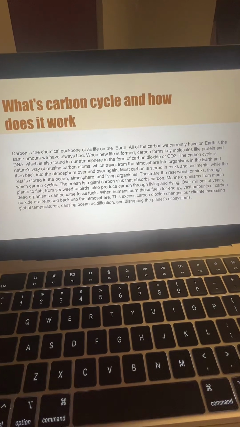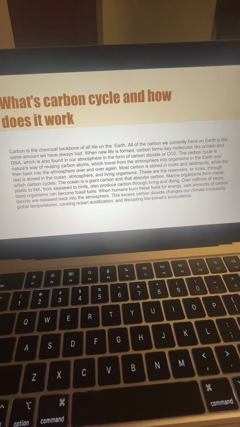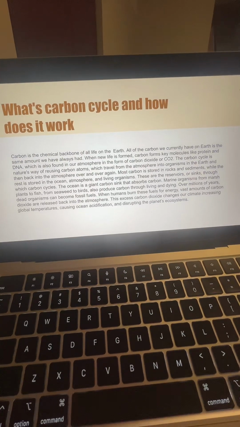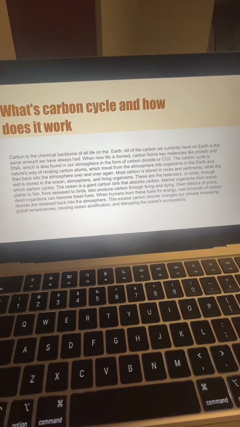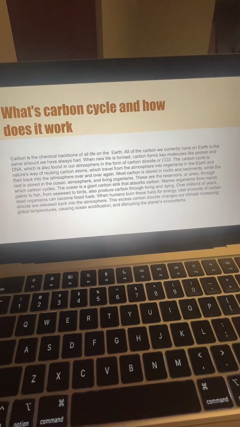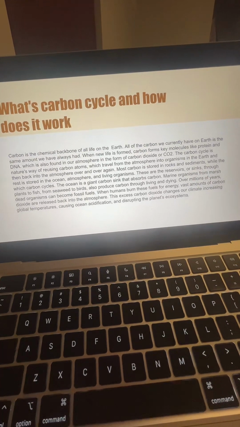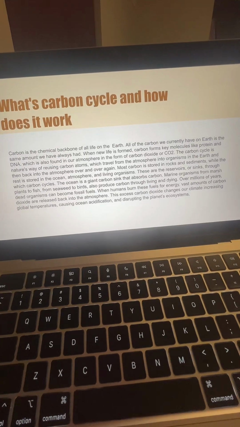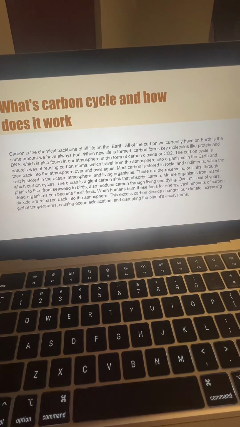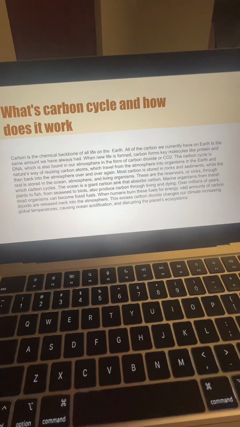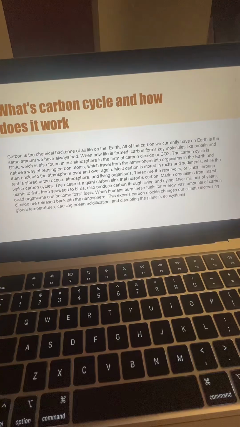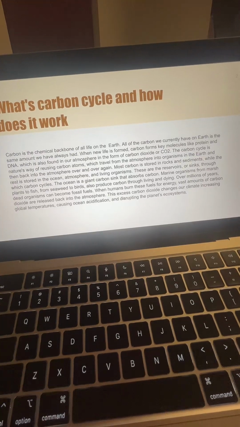When new life is formed, carbon forms key molecules like protein and DNA, and it is also found in our atmosphere in the form of carbon dioxide, or CO2.